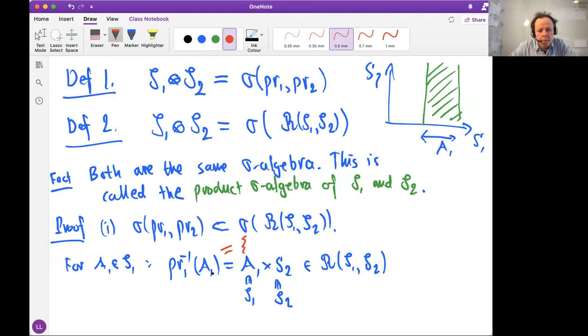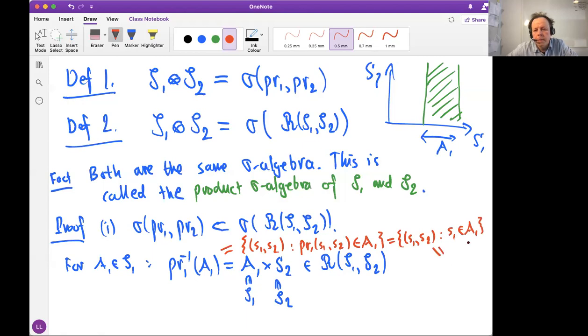This is the collection of S1, S2 such that the projection to the first coordinate of S1, S2 belongs to A1. That's the definition. And then if you look at this in a different way, it's the collection of points S1, S2 such that the first coordinate S1 is in A1.